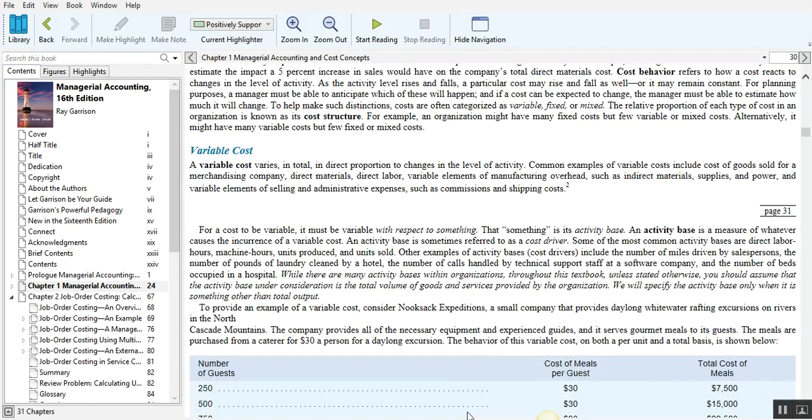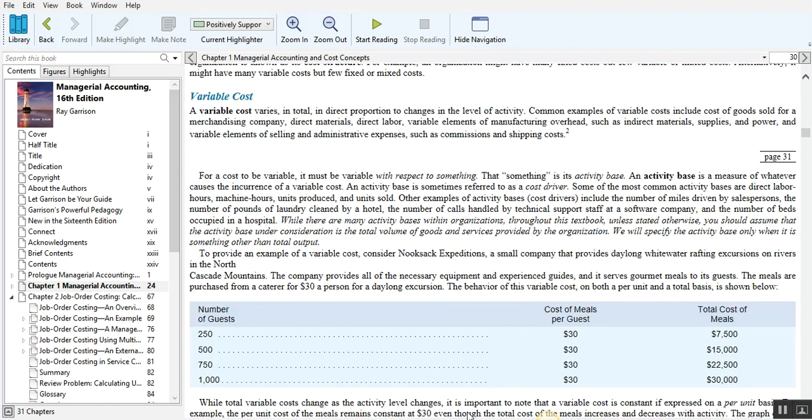Now, when we talk about cost behavior, we're talking about different ways that costs change over time or don't change. Variable costs are costs that are going to vary in direct proportion to the changes in the activity. So my thinking here is the more we manufacture, it's very likely we're going to use more in utilities like electricity or other.